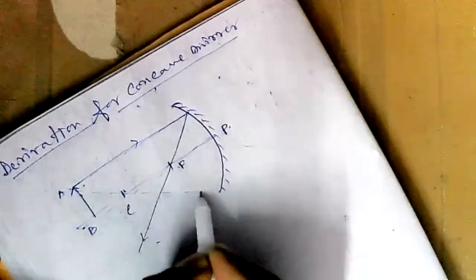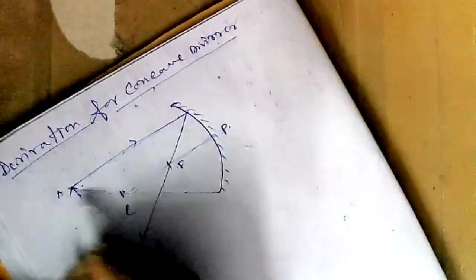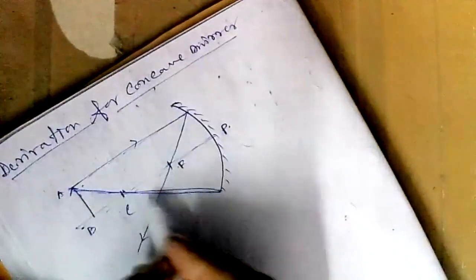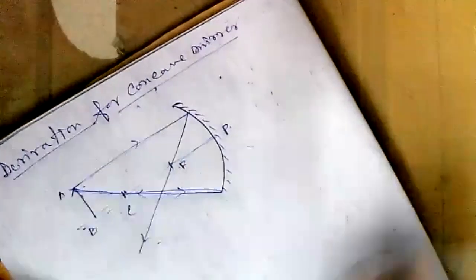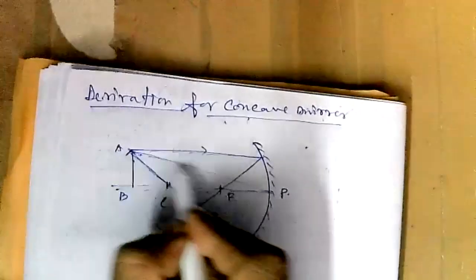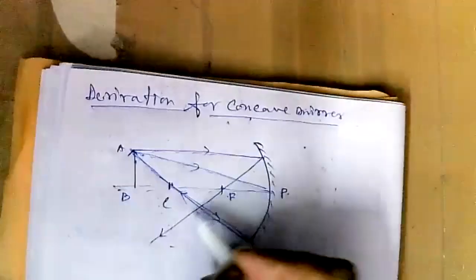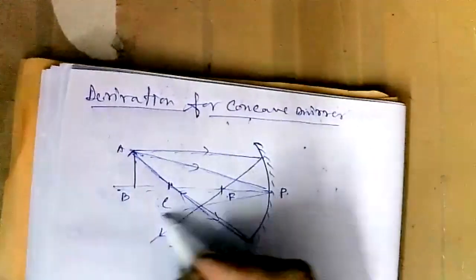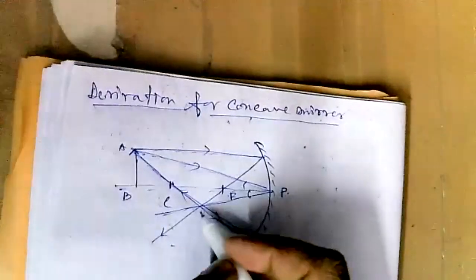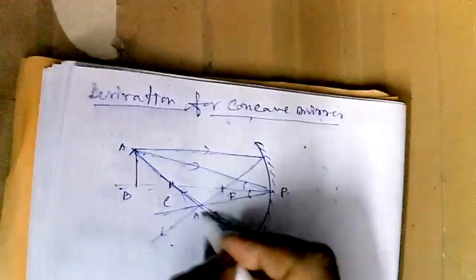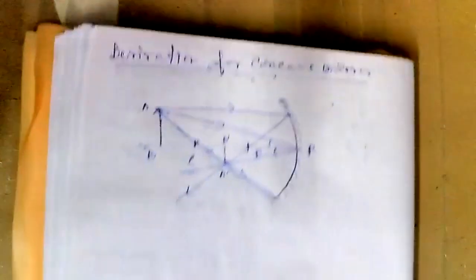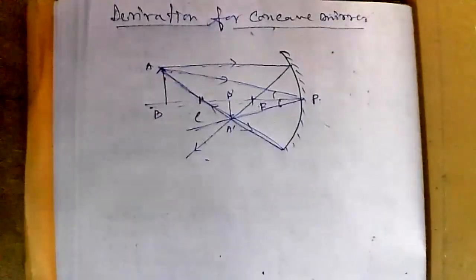Other is going to the center of curvature. After reflection, it returns back in the same path. And the next one will hit the pole and it will make the same angle. So here A dash B dash is the image.